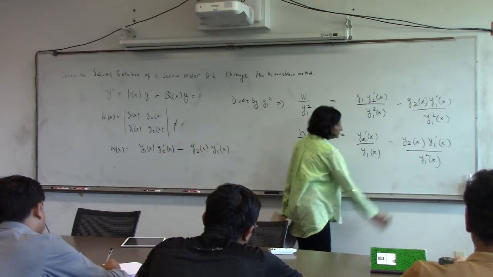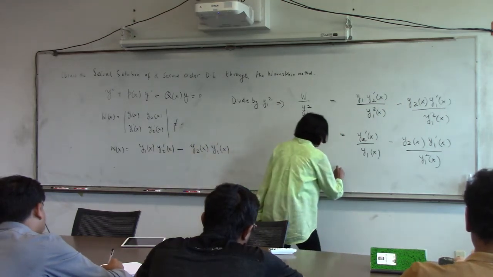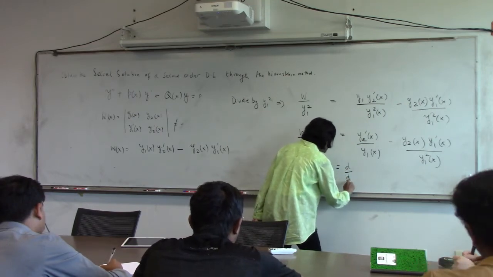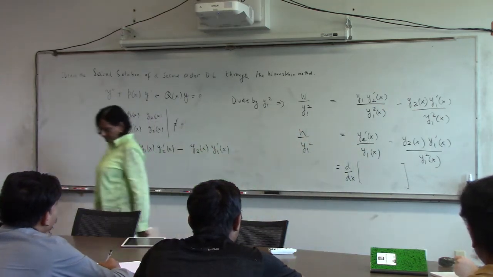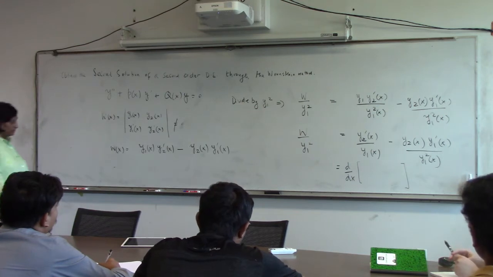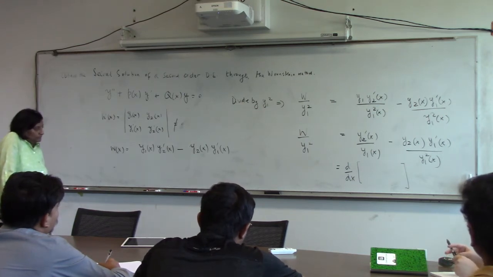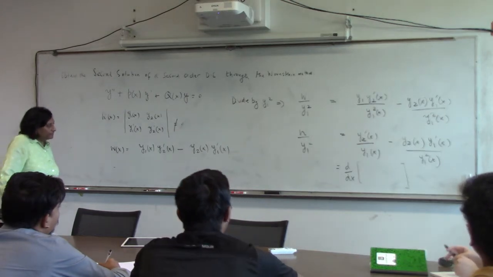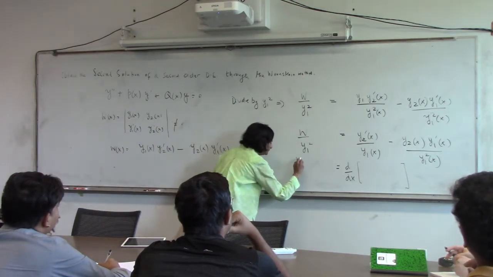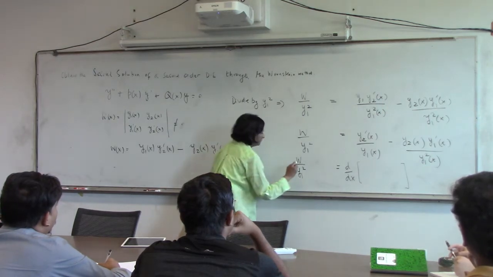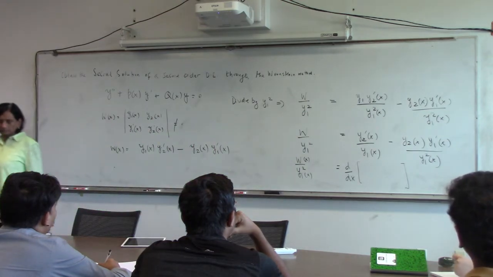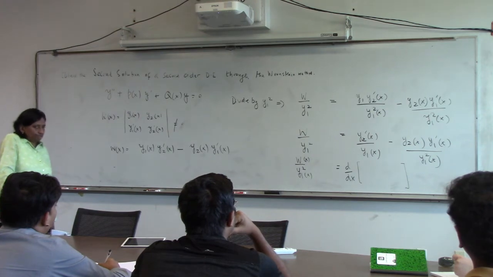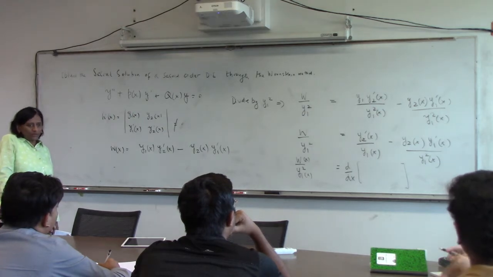The right-hand side here, if I want to write this as a whole differential of some quantity, what would that be? Can we write it like that? I want to write the right-hand side of that equation as the derivative of some function of x. Just guess. What function should I put in the square parenthesis?